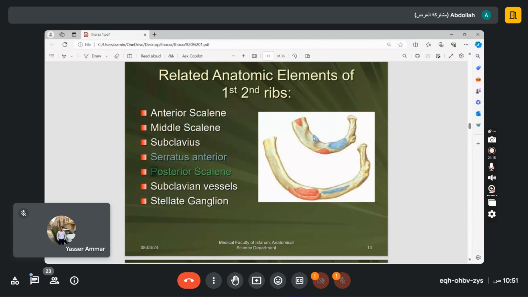For example, any fracture in these bones may cause damage to these structures. Look here. This is the upper surface of the first rib. This depression is the sulcus for the subclavian artery and vessels. Vessels are artery and veins. Here is for the artery, and here is for the vein.